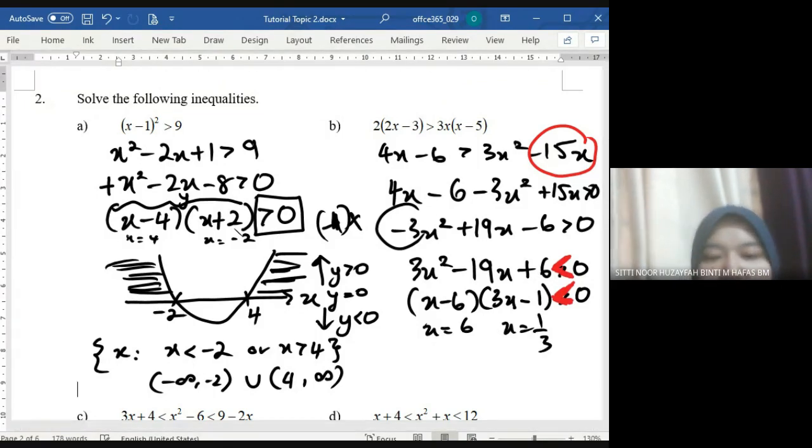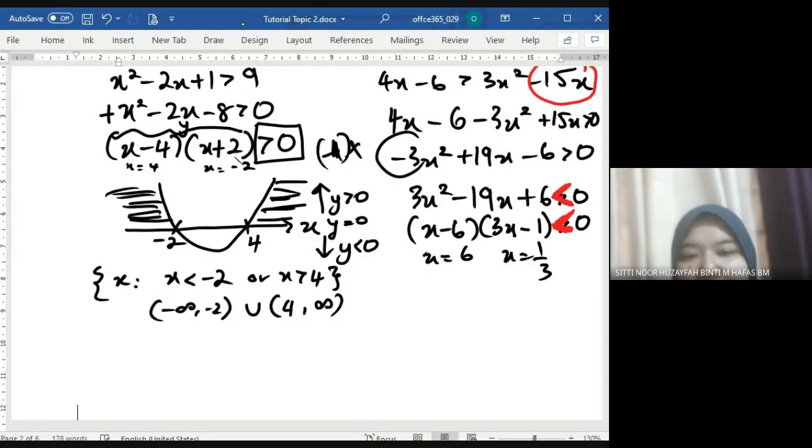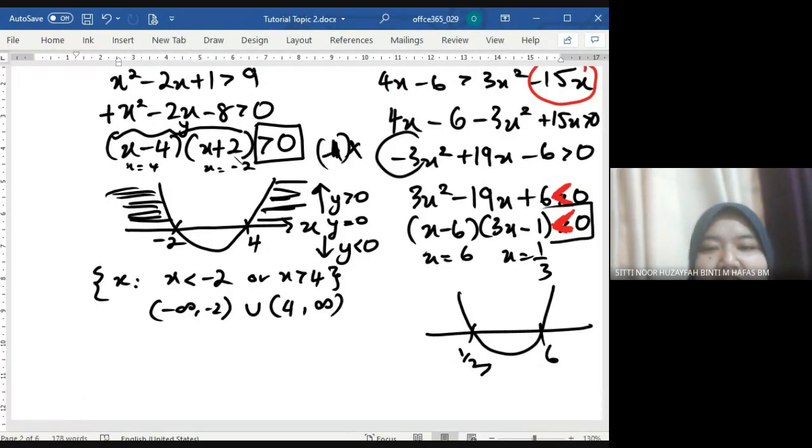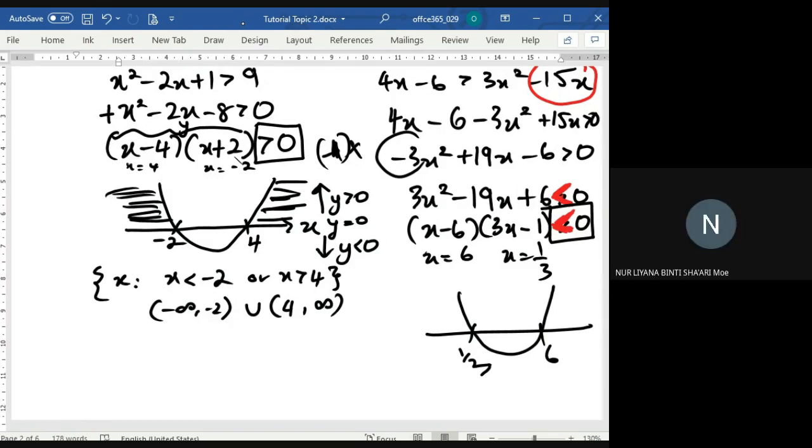So kalau kita lukis graf kita, it's a smile graph. We have 1 over 3 smaller than 6. So 1 over 3 should be on the left side lah. So, kita nak less than kat sini, betul tak? Less than maksudnya? Bawah.